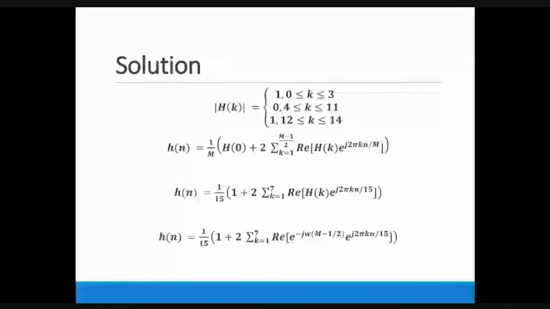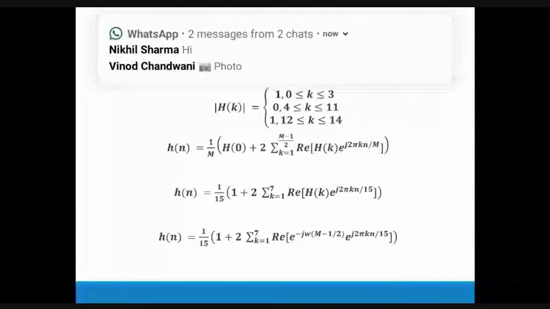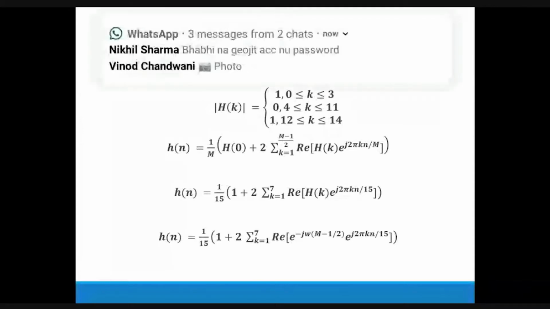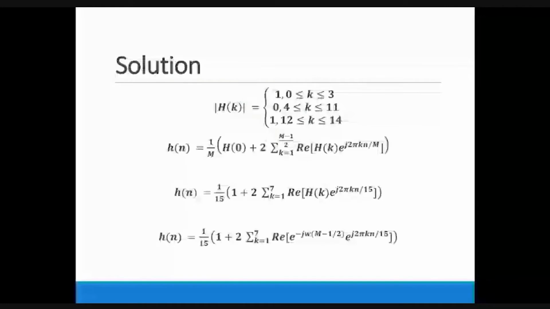h of n is equal to 1 by M. M has the value 15, so 1 by 15. h0 has the value 1, plus twice the summation from k equal to 1 to 7 of the real part of H of k e raised to j 2 pi k n by 15.